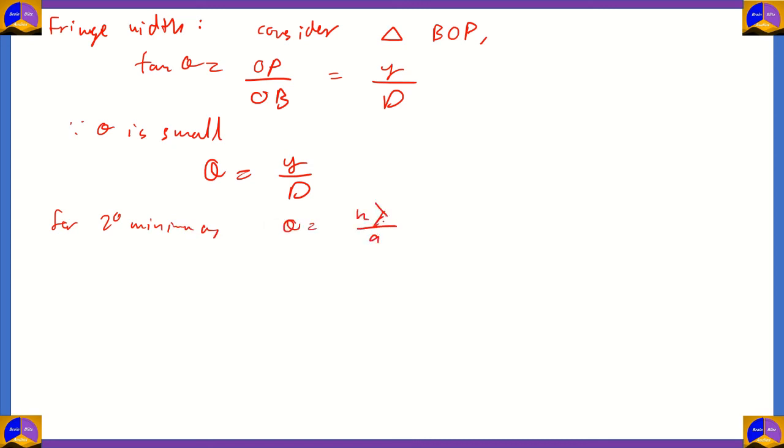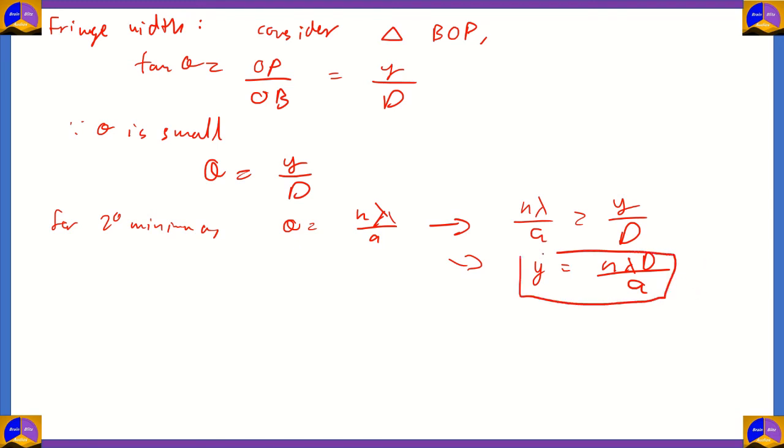So therefore, you can write n lambda by a is equal to y by D. So therefore, y is equal to n lambda D divided by a. This is the distance for the nth fringe.